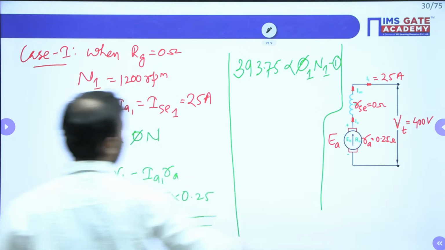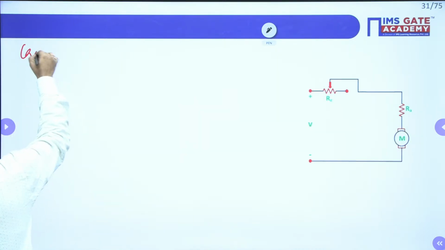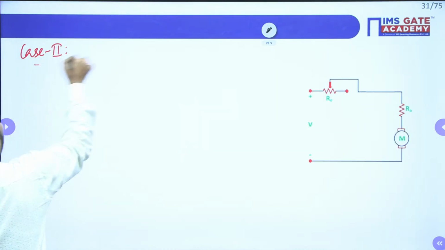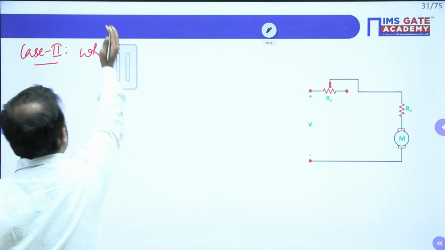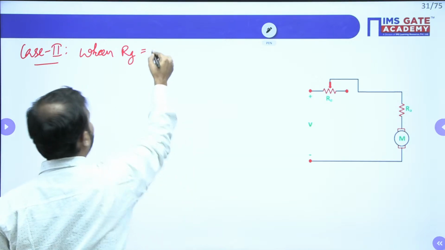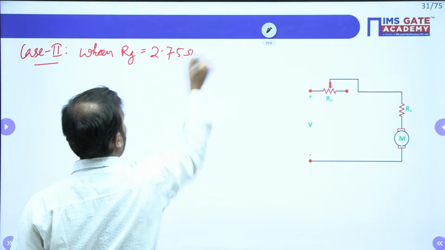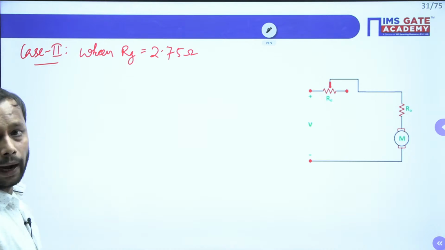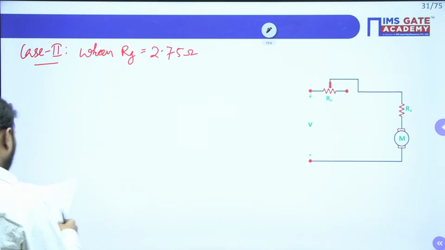Now let us go to case 2, when RG is equal to 2.75 ohm. At this time, what data is given in the question?